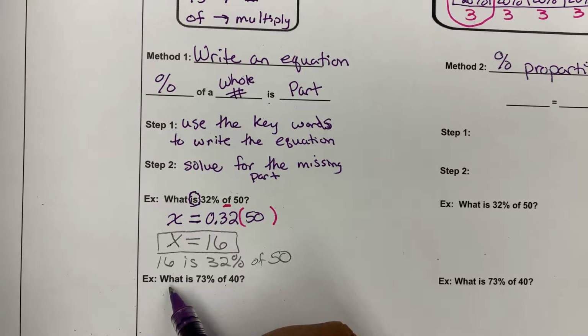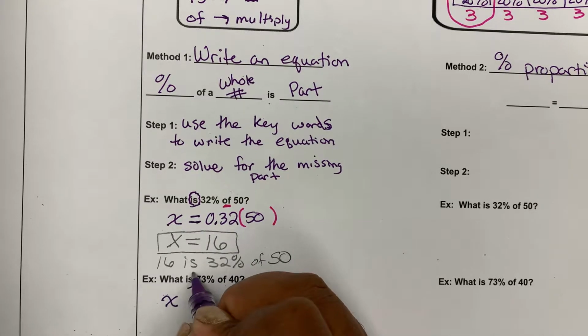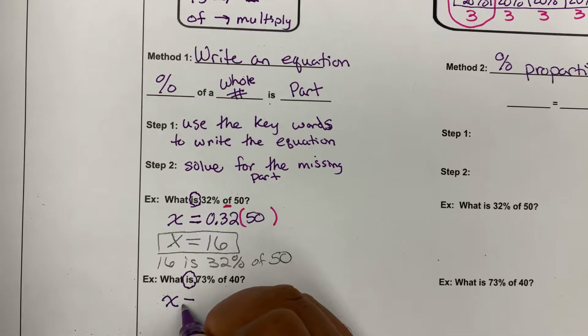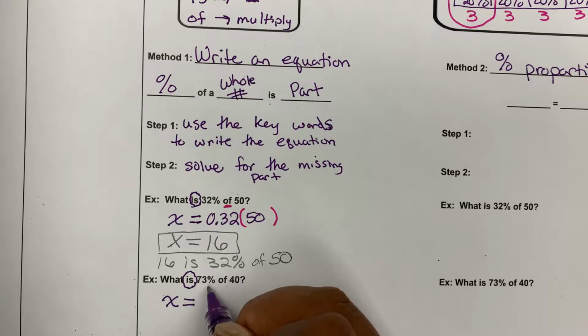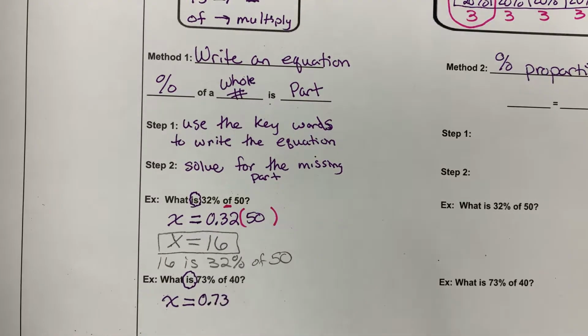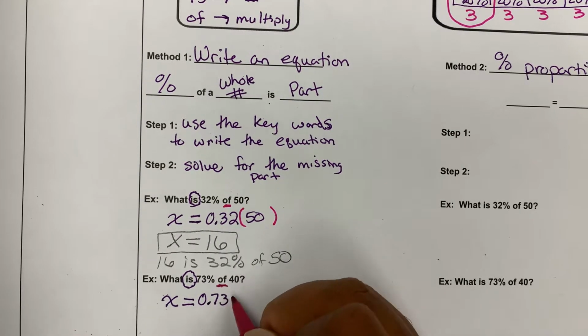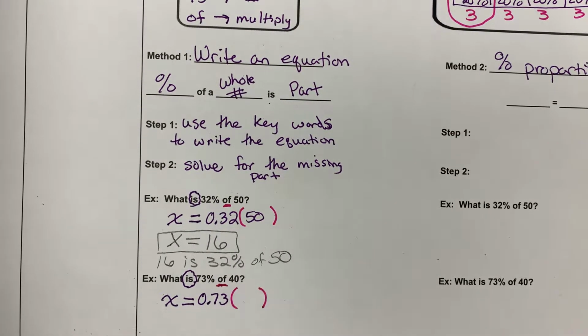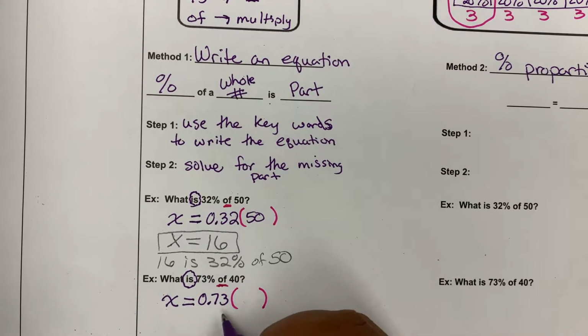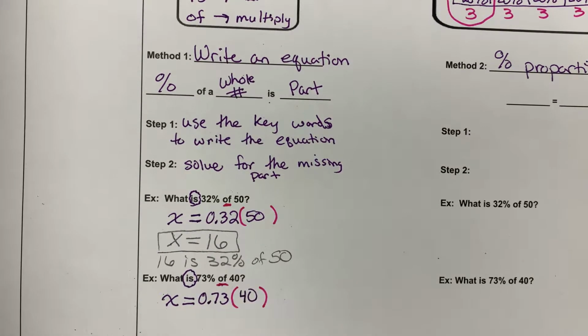"What" means we don't know. That's our missing part. So we put x. "Is" is our keyword. That means put equal. 73% means write it as a decimal, 73 hundredths. "Of" is our next keyword, which means I'm going to multiply. And I'm going to multiply 73 hundredths with my next number, 40.